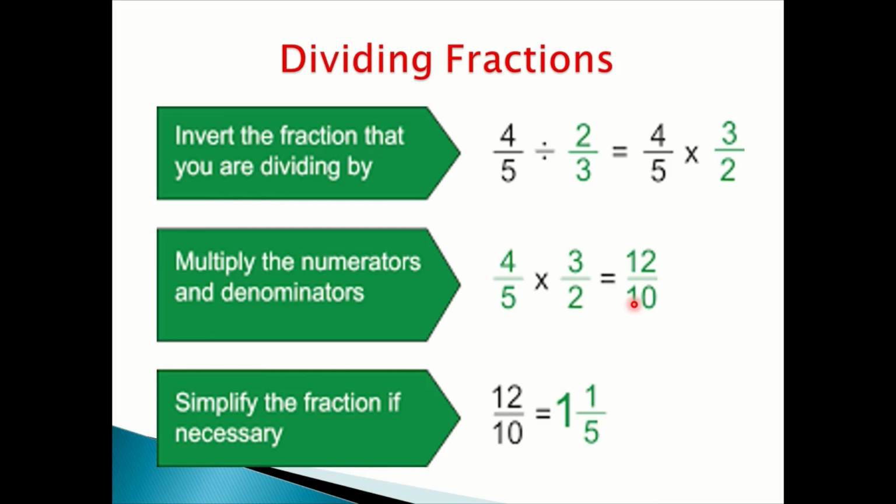So 12 over 10 is an improper fraction, so we convert it to a mixed number. 12 over 10 is just equal to 1 and 1/5.